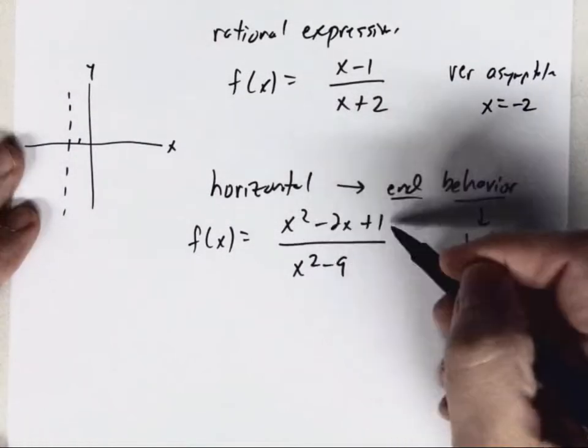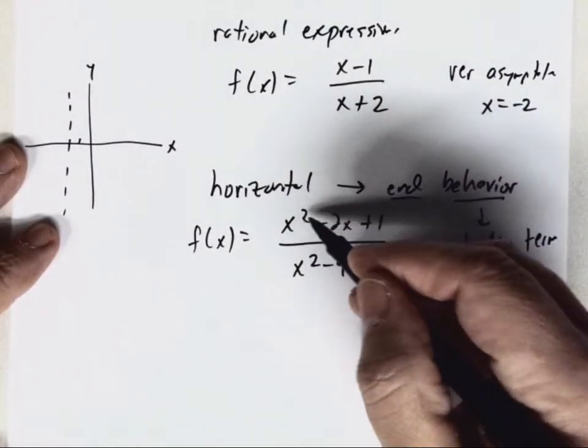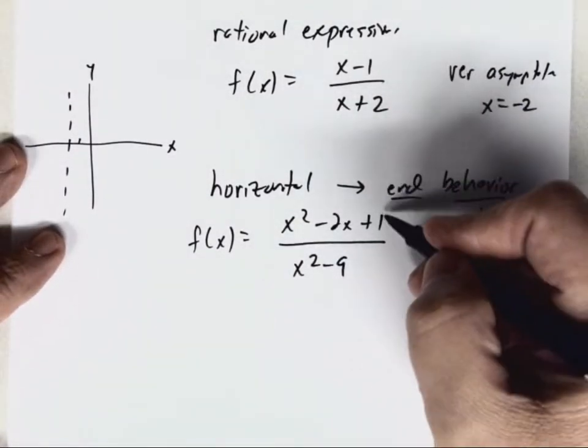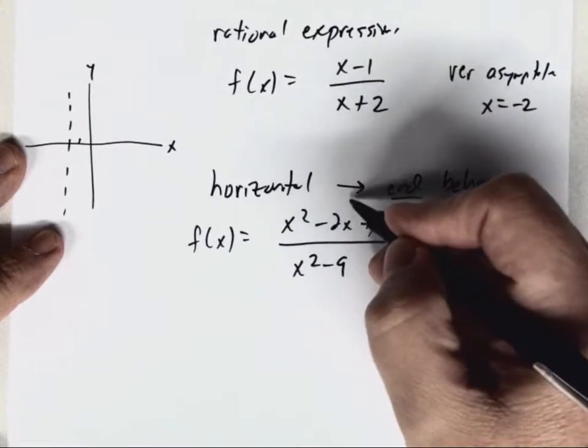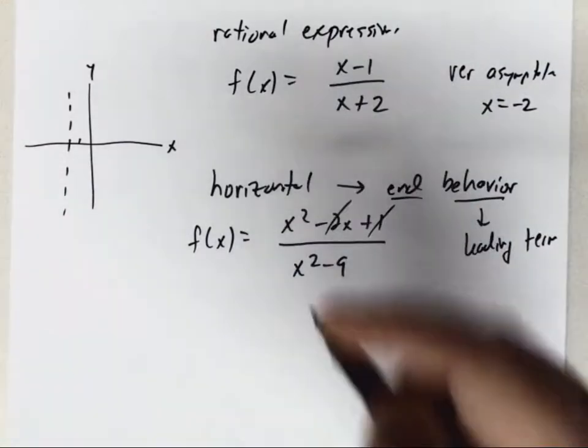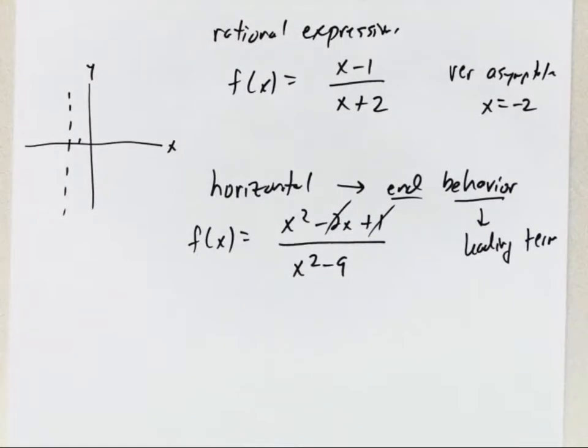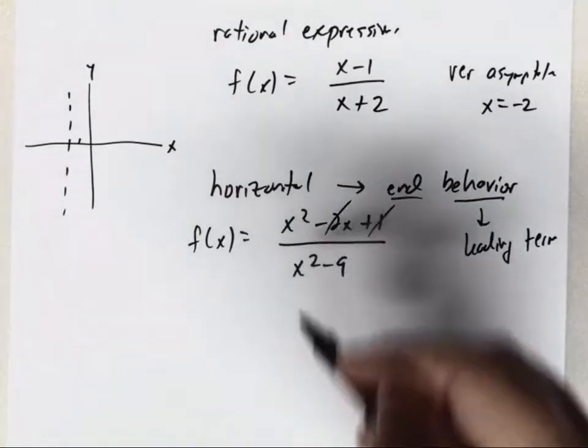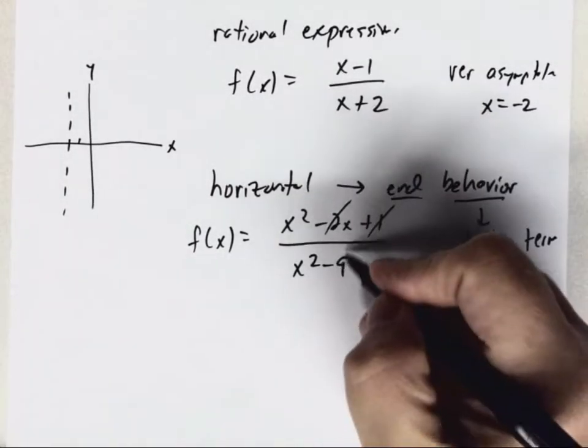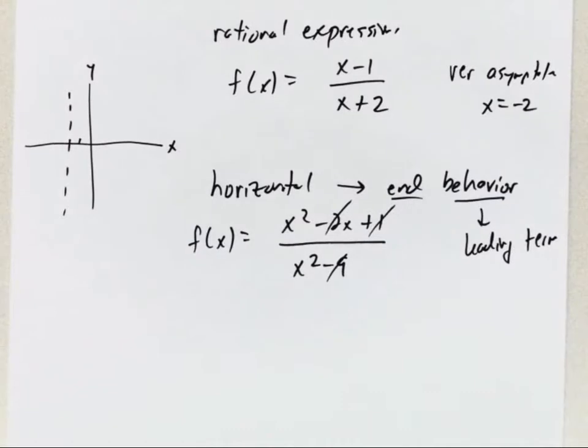So if I look at the numerator, x squared minus 2x plus 1, I can sort of ignore the 1, I can ignore the 2x because they get dominated by the x squared. When x gets really, really big, the x squared dominates. These other terms become insignificant. And if I look at the bottom, the 9 goes away and becomes insignificant compared to the x squared.